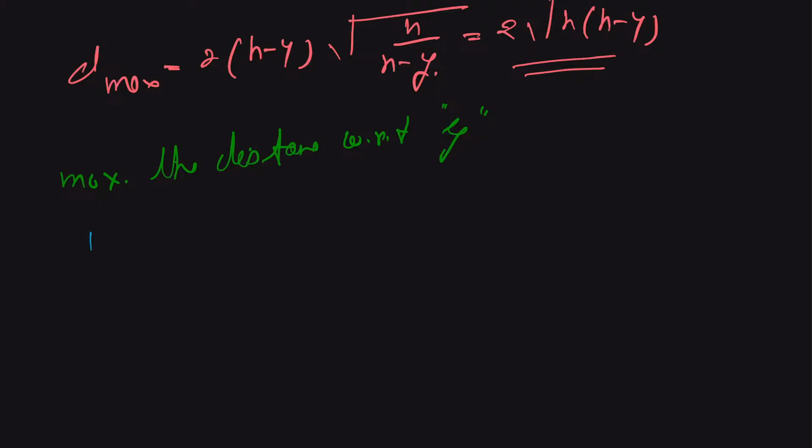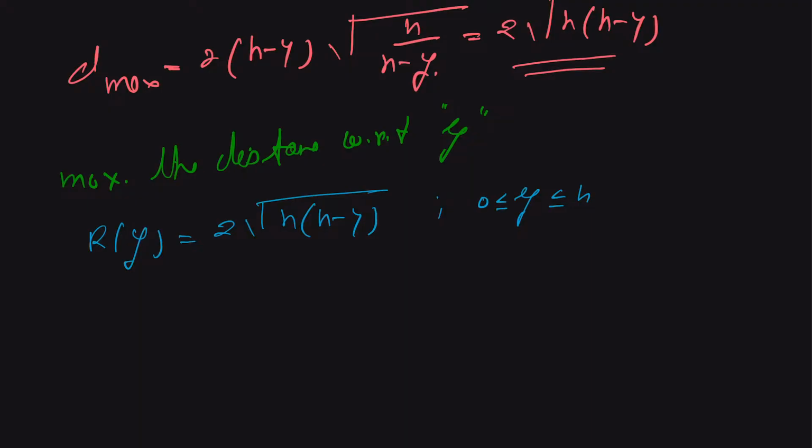Therefore let us say we denote this as r of y is equal to 2 square root of h times h minus y. Okay, and we know that this will be true for y less than equal to h but greater than equal to 0.